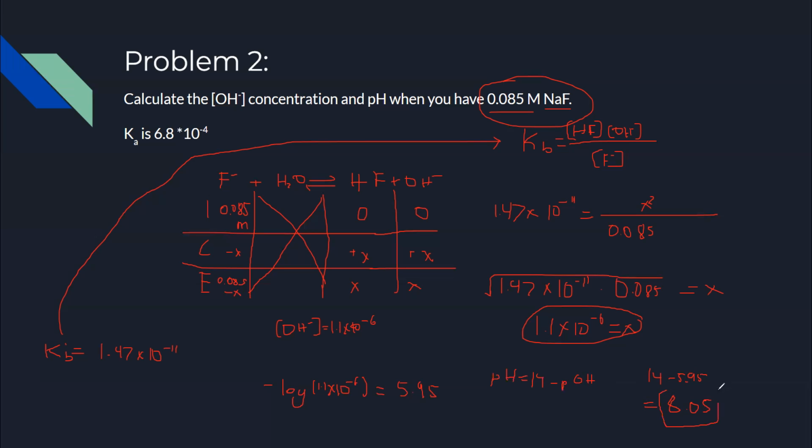And that is our pH. So we got our hydroxide concentration, which is 1.1 times 10 to the negative 6th, and our pH, which is 8.05.